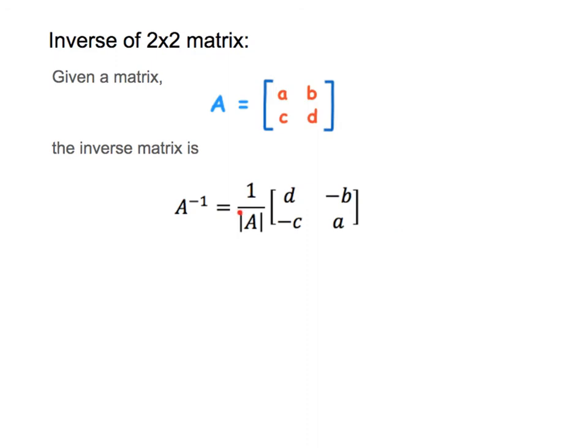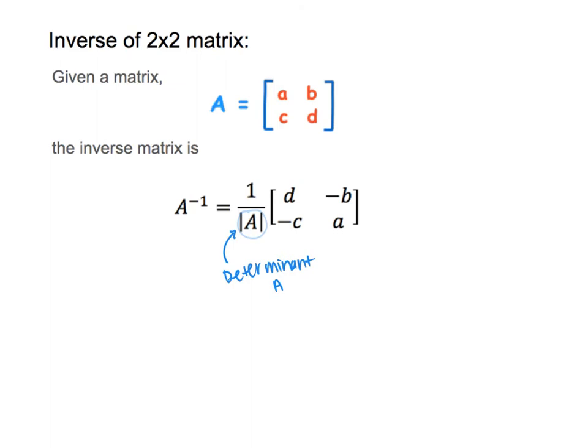There's a 1 divided by this A, and notice this A is in absolute value lines. A was this 2 by 2 matrix. So it says you need to find the determinant of A, because those straight lines mean determinant. So this right here is the determinant, and the determinant is just some number. And then notice that this here looks awfully like this matrix.